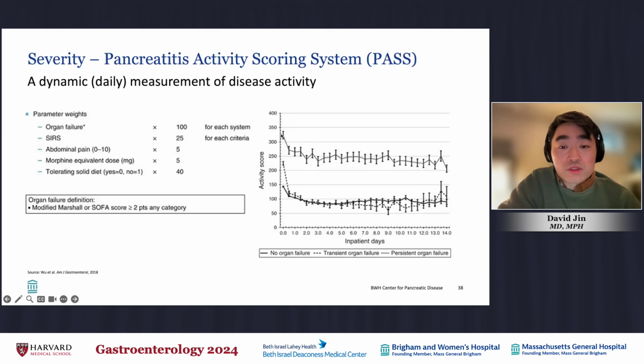These patients often present with a very high PASS score and it remains elevated sometimes for weeks. And the 2 lines on the bottom actually represent moderately severe or mild acute pancreatitis. And these patients have PASS scores that quickly drop within the first day or two and remain relatively low until discharge.